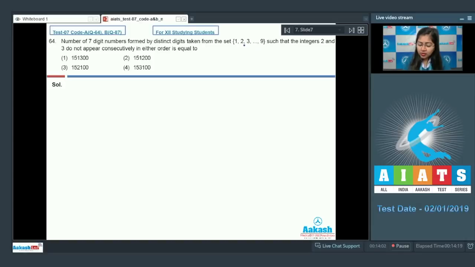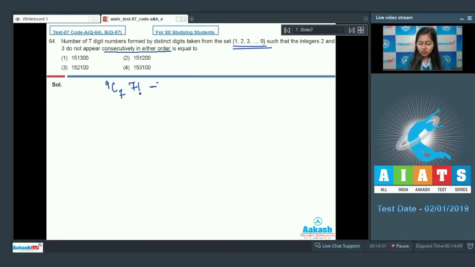Now the total number of 7-digit numbers will be equal to, in 9C7 ways we select any 7 digits, and in 7 factorial ways we arrange them, right? So these are the total number of 7-digit numbers. Now as we do not want this thing to happen, so we will subtract those numbers in which 2 and 3 are appearing consecutively, right?